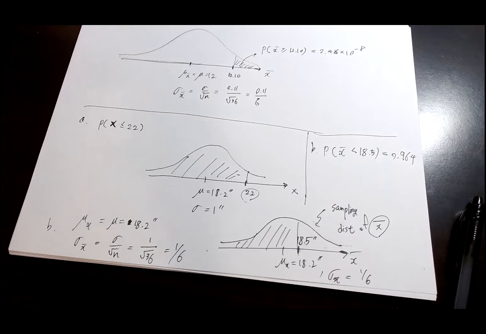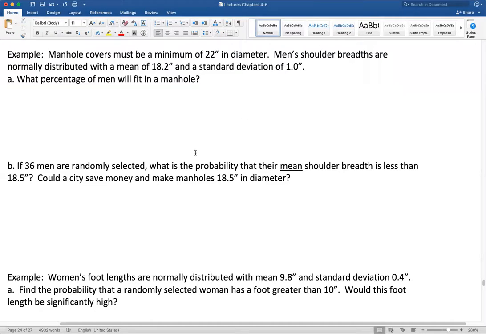Now just look at the question: could a city save money and make a manhole 18.5 inches in diameter? Yes, because 96.4% of samples have a mean less than 18.5 inches.